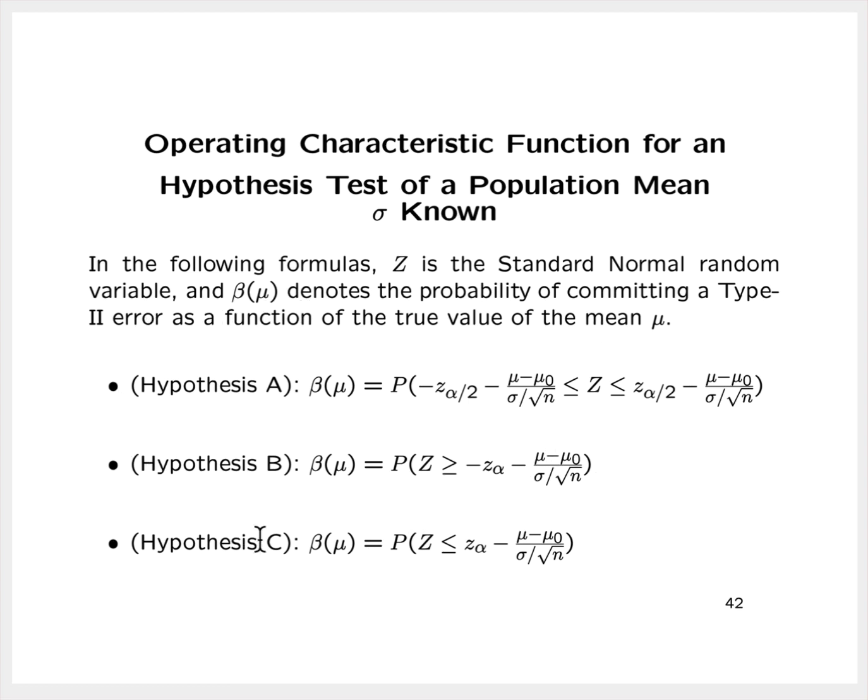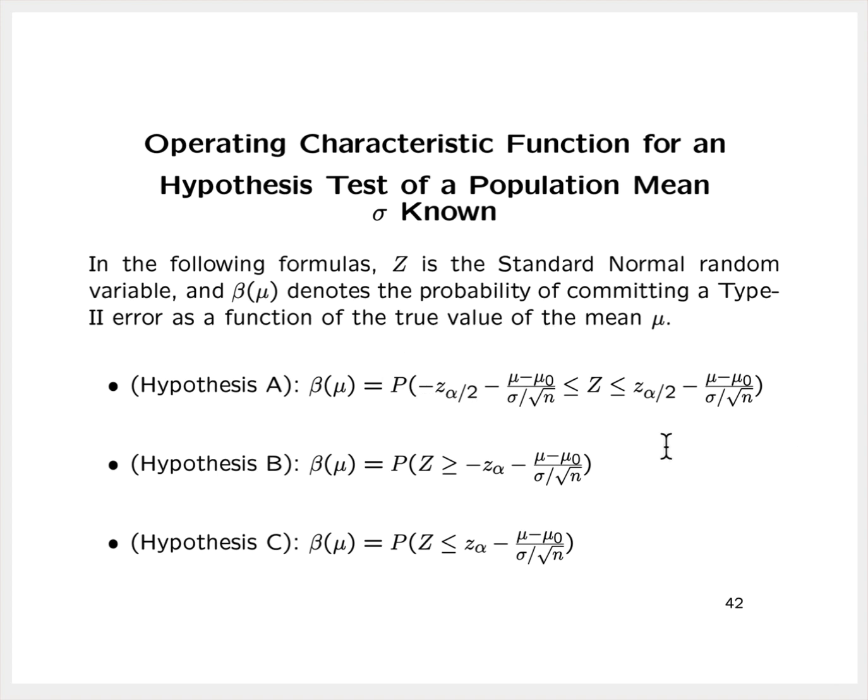And so here on slide 42, we have the beta functions corresponding to the three kinds of hypotheses. So the beta function, the probability of committing a type 2 error, if we're performing a two-tailed test, is given by this probability that we've got listed here.